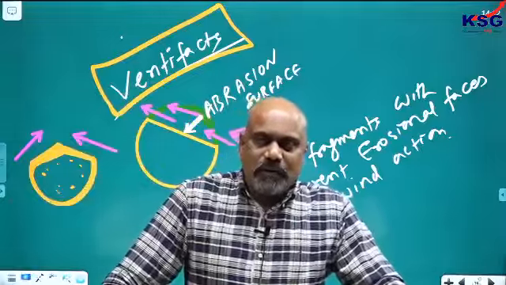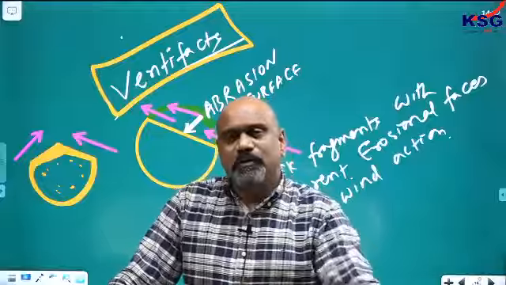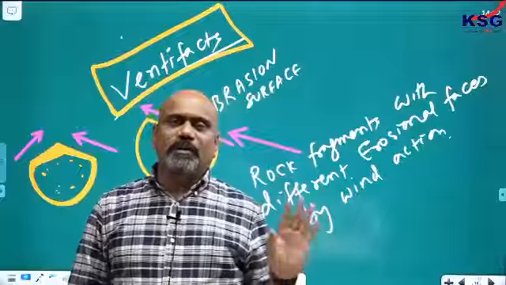Otherwise known as dreikanter also, when there are more than two faces, and sometimes we use these synonymously. These are the erosional landforms, I said. All these are the erosional landforms.